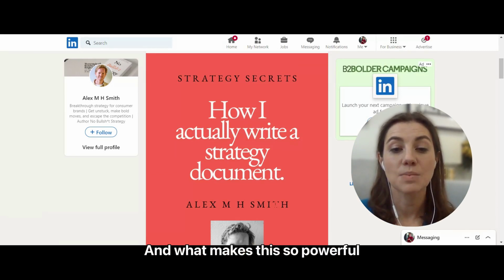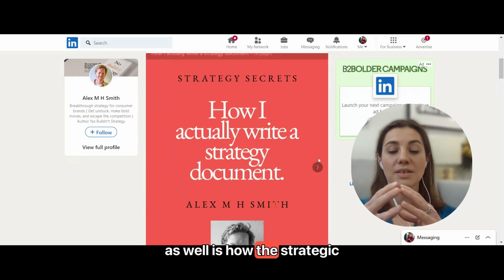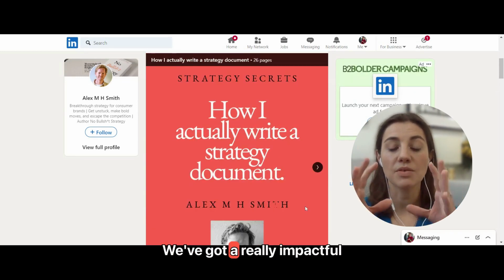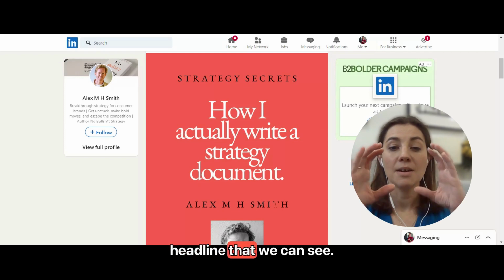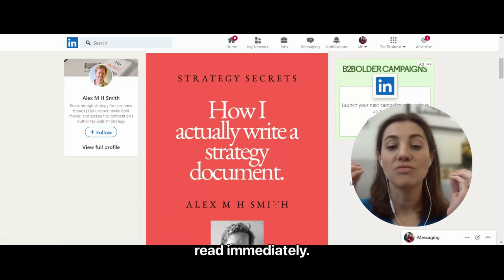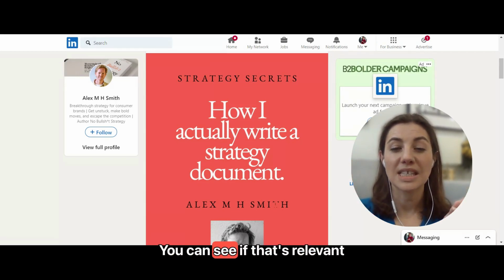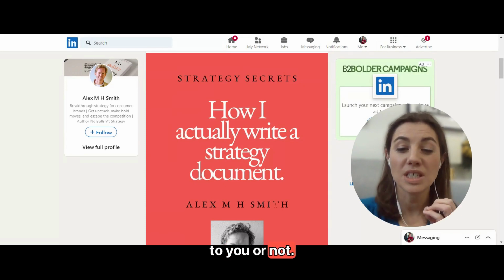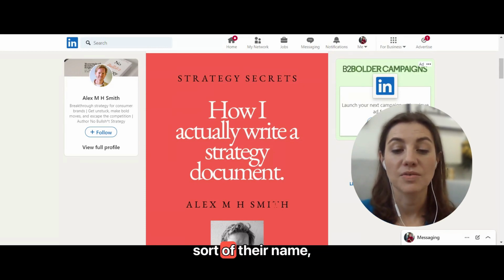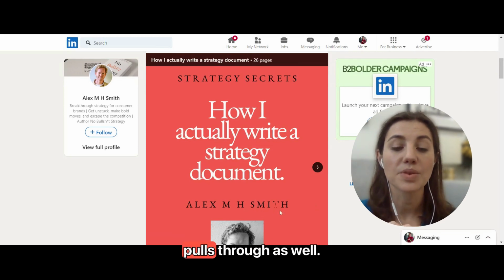And what makes this so powerful as well is the strategic use of fonts, right? We've got a really impactful headline that is really easy to read immediately. You can see if that's relevant to you or not. The person has also included their name, so that personal branding pulls through as well.